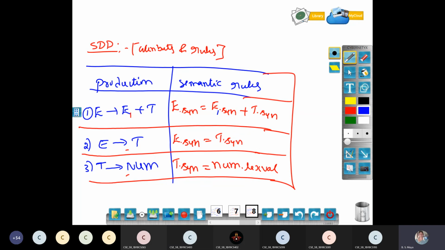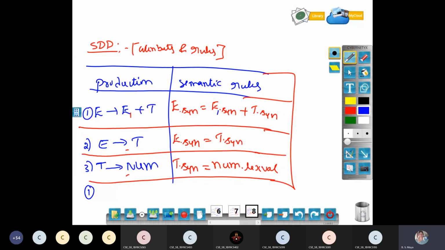See, in the exam, the question is like that. You can write the question: Give STD for simple desk calculator.